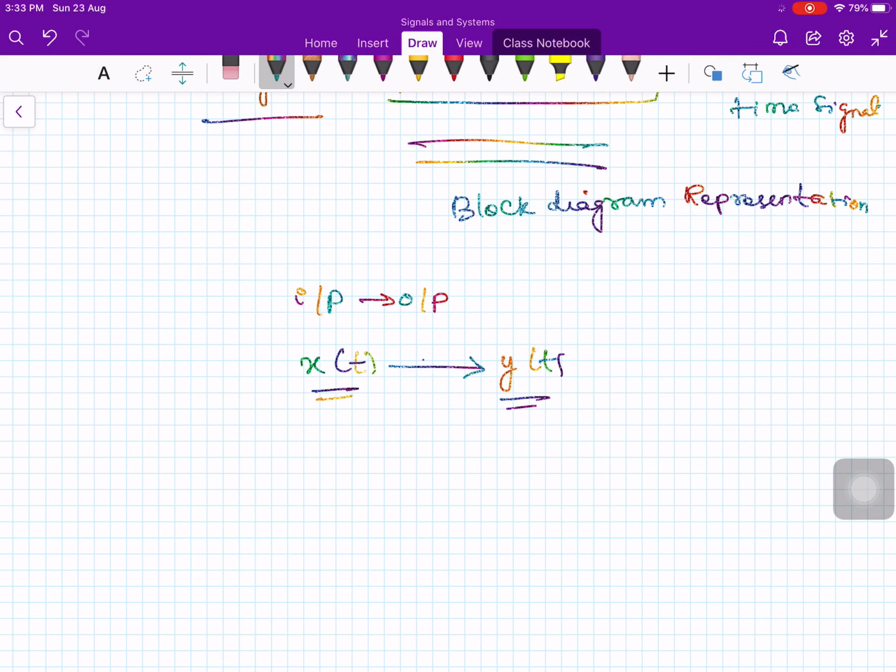By the same token, we can define a discrete time system as follows: DT system, discrete time system. A discrete time system is a system that transforms discrete time inputs into discrete time outputs.